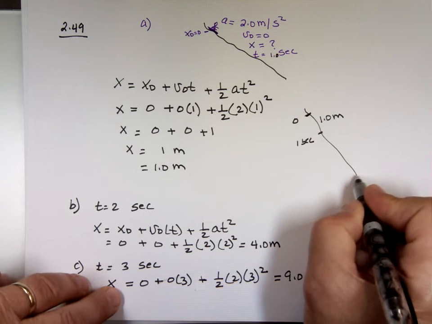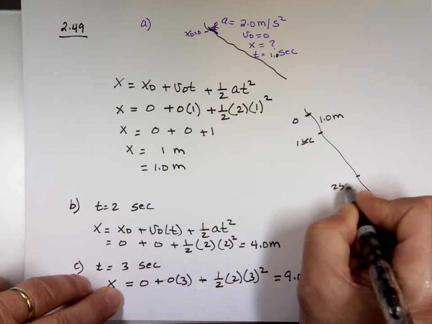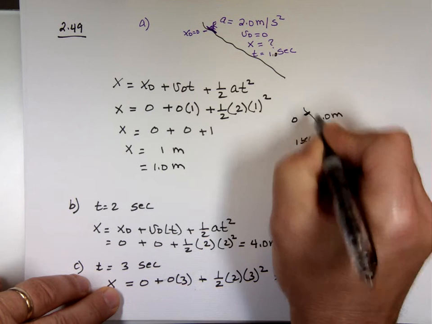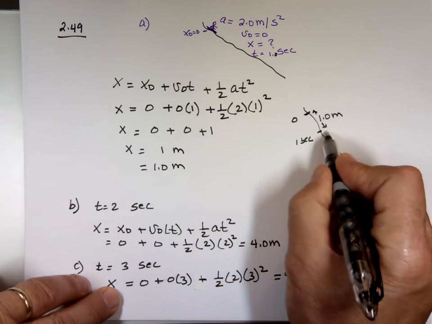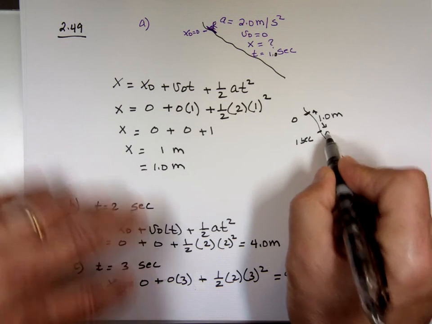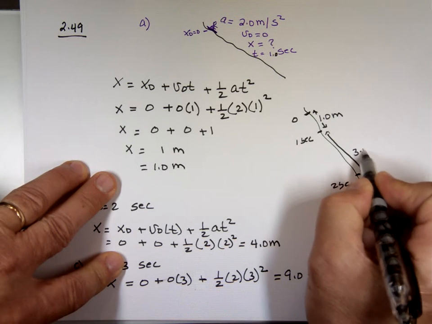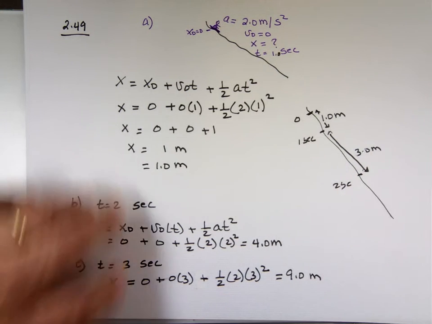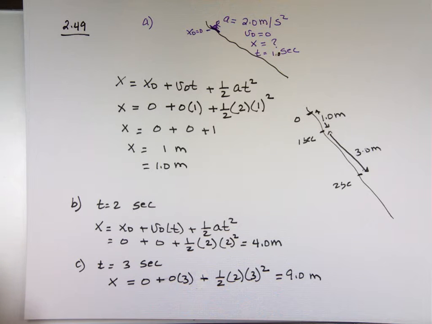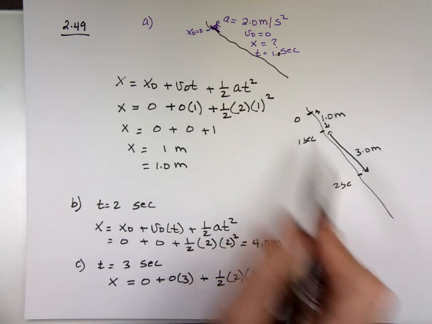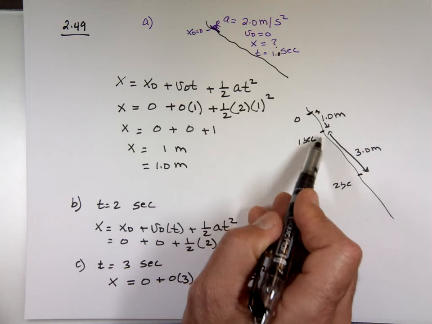That means in 2 seconds, if you measure the distance between this and that, it should be what? 3 meters, because it's 4 meters from here. This is 1 meter. This is 3.